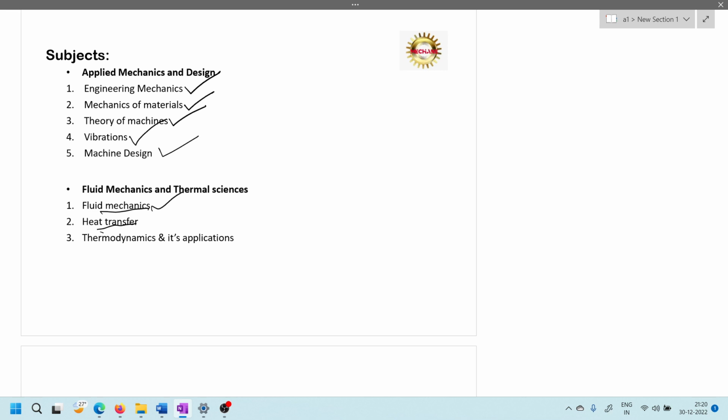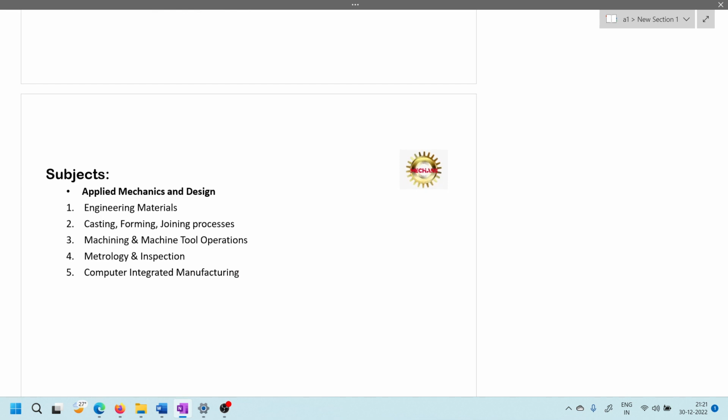So those things we study in heat transfer. There are three types of heat transfer that we study in the classes. And thermodynamics and its application. Thermodynamics means, as we discussed, using heat energy and converting it into work, mechanical work. So all the things will come here.